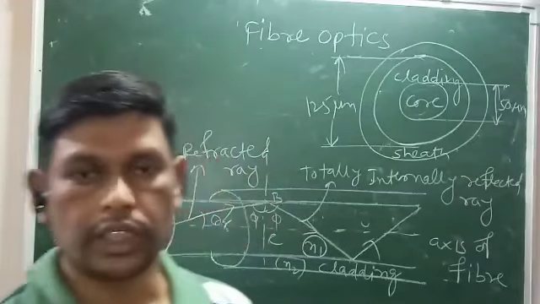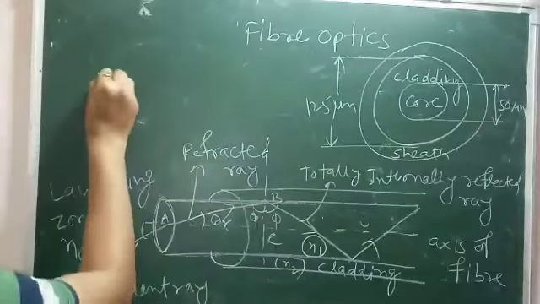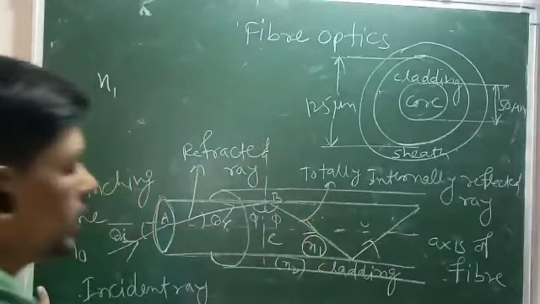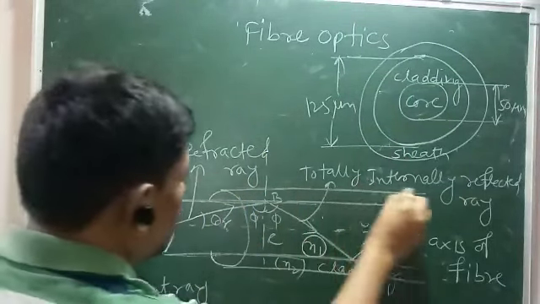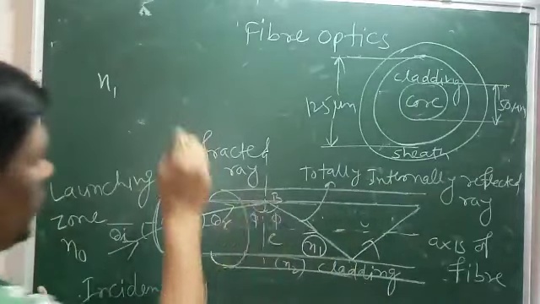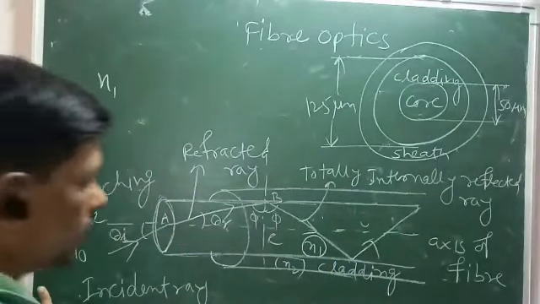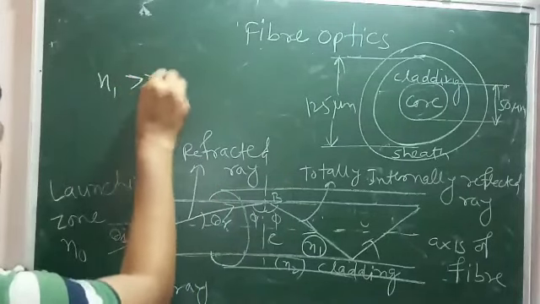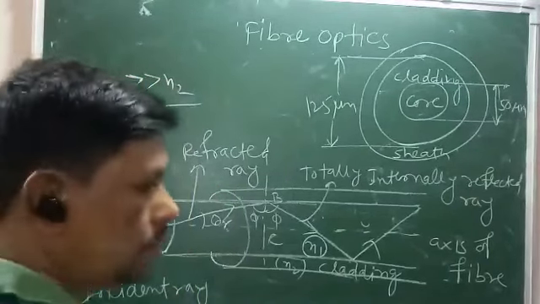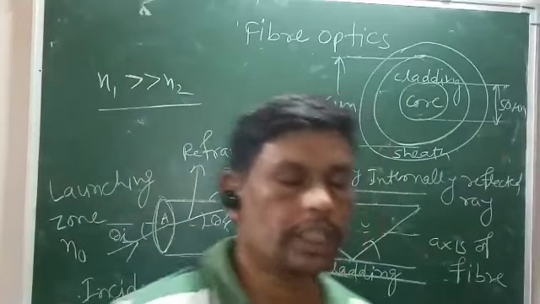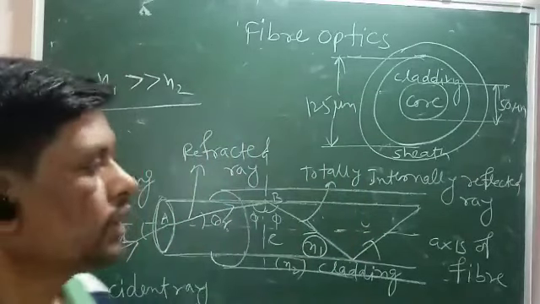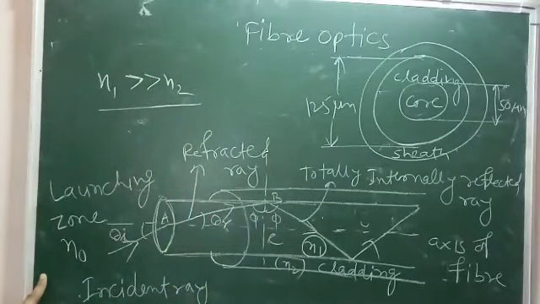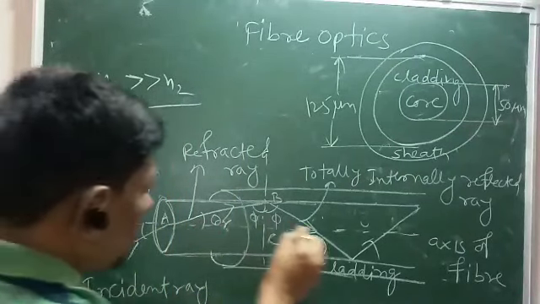So the refractive index of core is n1, and the middle coaxial region is the cladding. Here n2 is the refractive index of cladding. In the transmission of light through the fiber, the refractive index of core should be greater than the refractive index of the cladding. And this is the axis of the fiber.